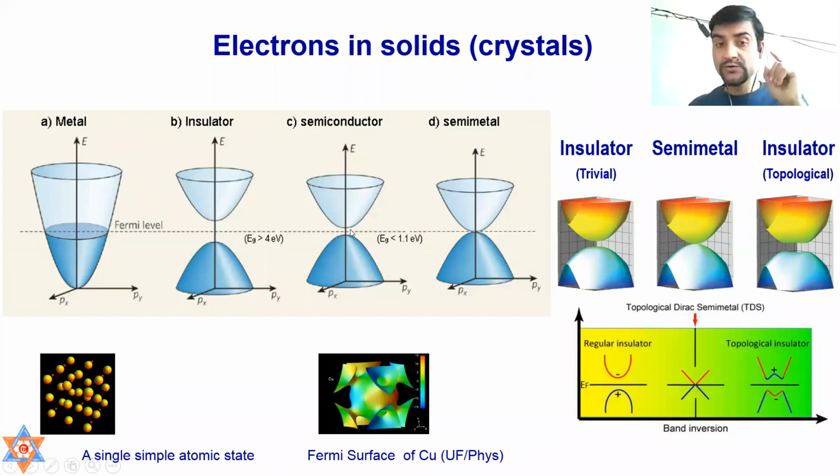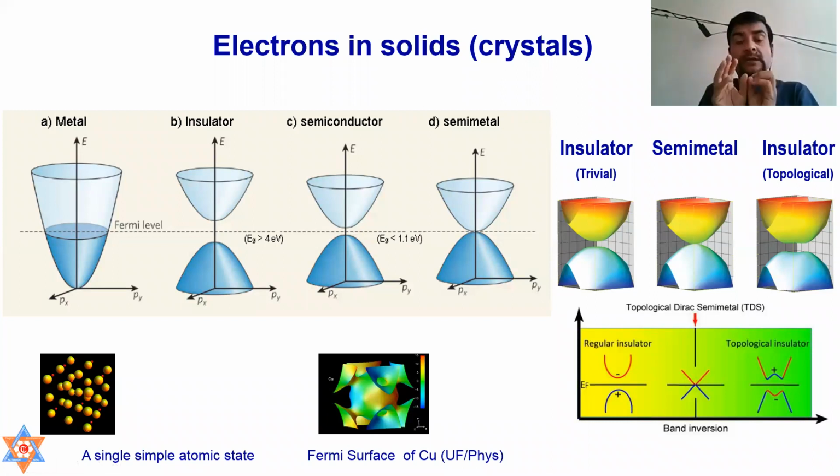See, how do you distinguish? Some people may say that, okay, the size of the band gap is just 1 electron volt or 1.1 electron volt, it should be a semiconductor, it should not be an insulator. That is not true. It is true only when you are considering it in terms of 0 Kelvin.